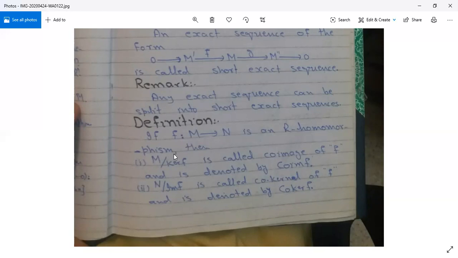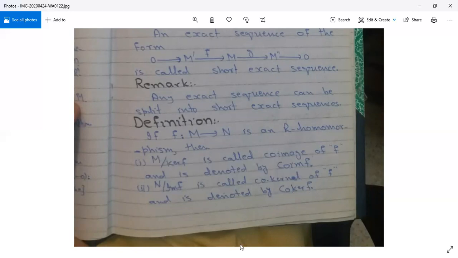Number first, f of m1 plus m2 is equal to f of m1 plus f of m2. Number second, f of rm1 is equal to r f of m1. Then M divided by the kernel of f is called the co-image of f, and N divided by the image of f is called the co-kernel of f.